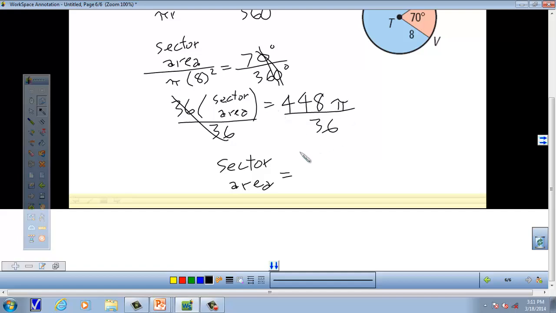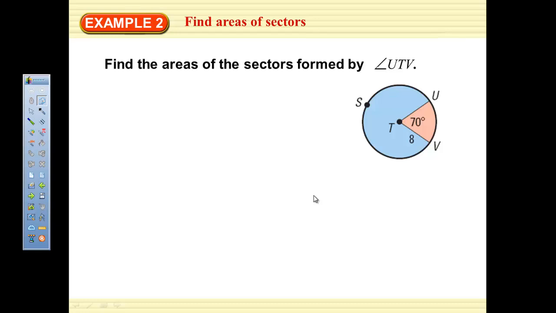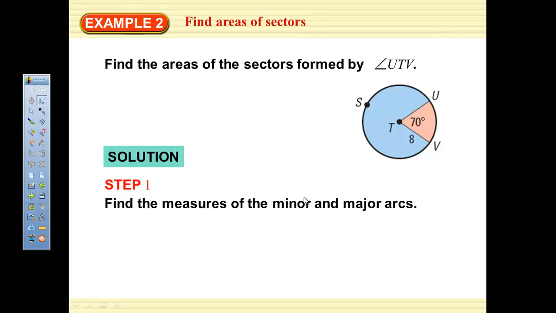We should get 39.10 if we round to 2 decimal places. So that would be square units, because it looks like there's not units for that. Okay. Oh, they want both sectors. Oh, okay, we'll do both.